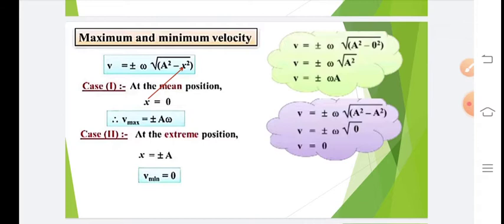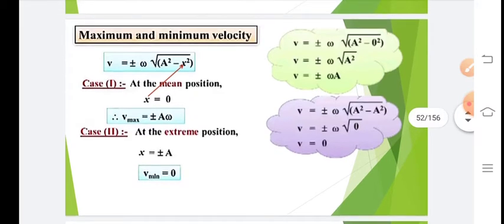Case number 1, at the mean position, as we know, x, that is the displacement, is 0, so v max is equal to plus or minus a into omega. At the extreme position the displacement is plus or minus a, therefore v minimum is equal to 0, because at this point the quantity under the square root becomes 0.